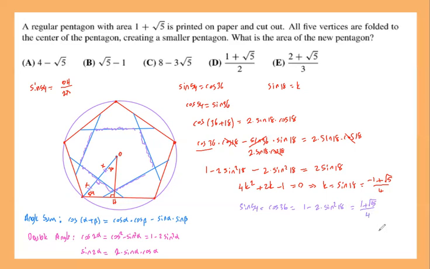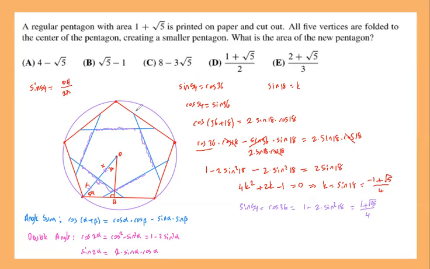This is a common number. If you remember the golden ratio, you may remember this one as well. I'm going to leave it for you to explore the golden ratio with these angles on your own. But we got the sine 54, which is what we were looking for.